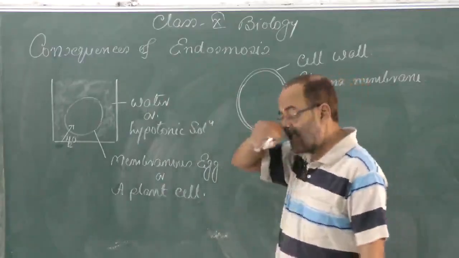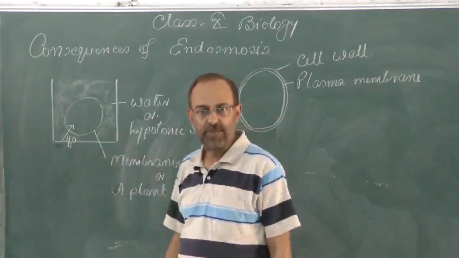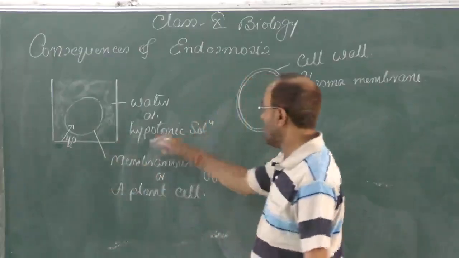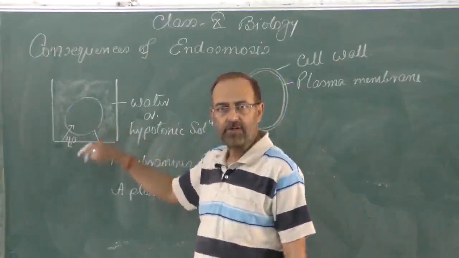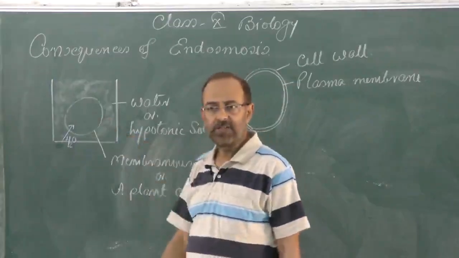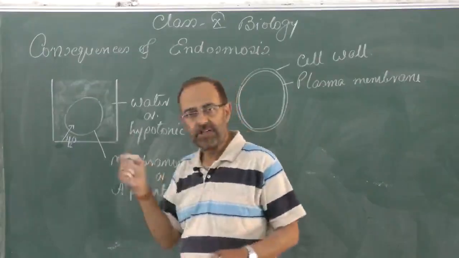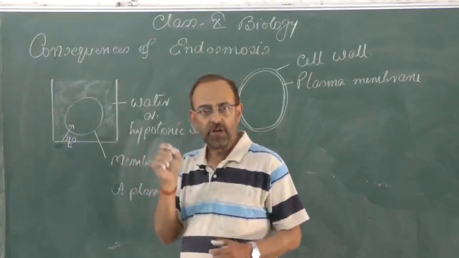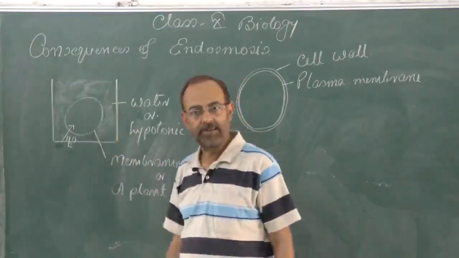If it is a plant cell, when the process of endosmosis takes place, there will be continuous addition of water. Clear? There will be continuous addition of water in the protoplasm of the plant cell. Is not it? The water from outer medium is continuously entering into the plant cell, passing through cell wall and the plasma membrane.